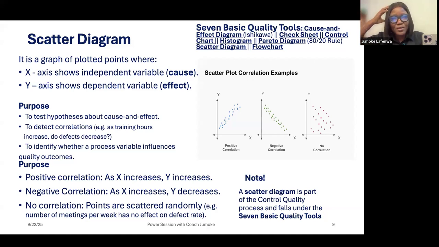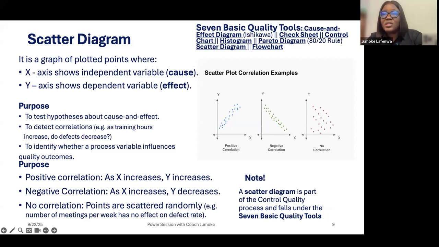The head of the fish is the problem. And then you have the bones that are telling you that these are the problems. So Ishikawa is the same tool that is known as cause and effect diagram, and is the same that is known as fishbone tool. All right. So Ishikawa, that's it.